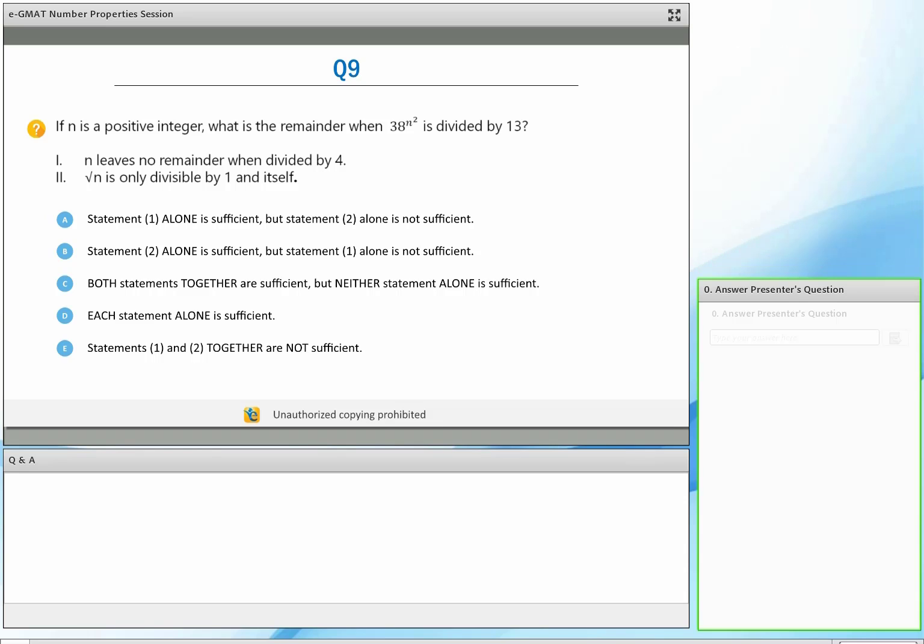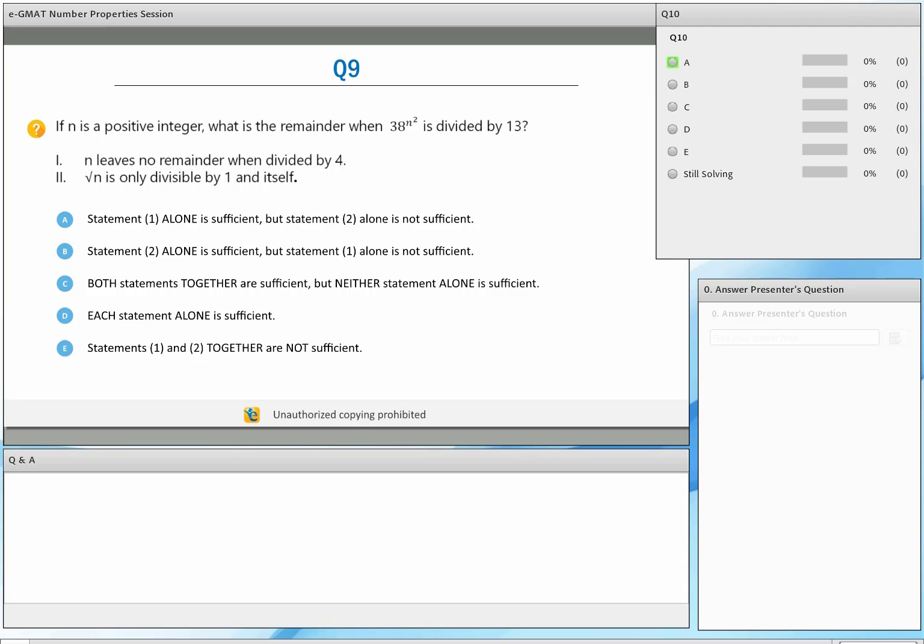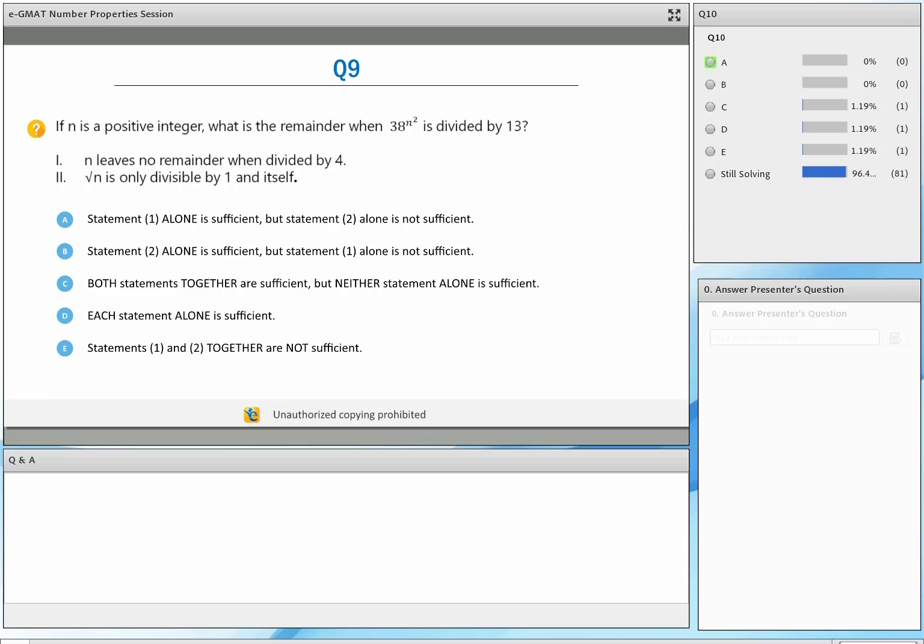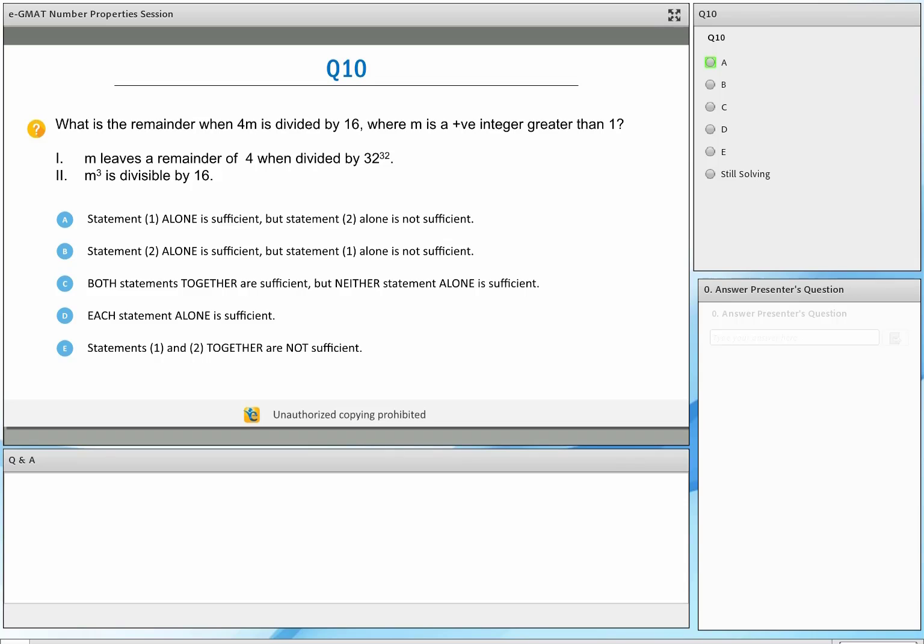Okay, and now here comes the last question, question number 10, the last question in the first set of three. Please click on still solving. All right, and here comes question number 10 on your screen. Go ahead.